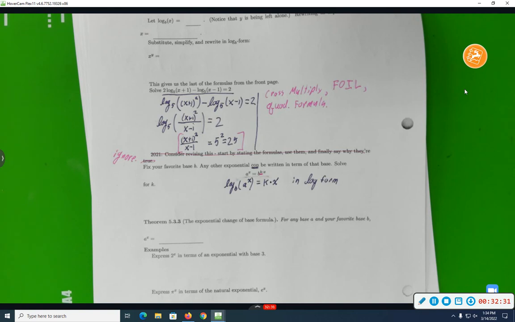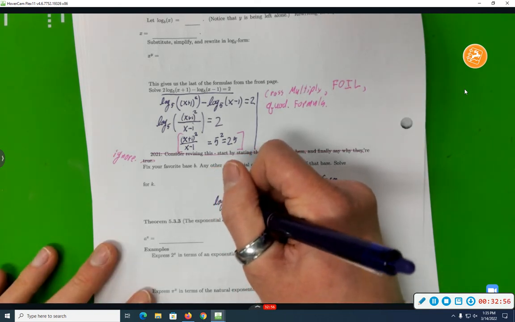Did I rewrite it in log form correctly? Cool. Do you see any logarithm laws that might be helpful here? What do you see? Take x out, put it as a multiplication.